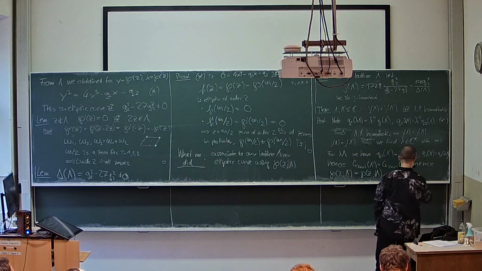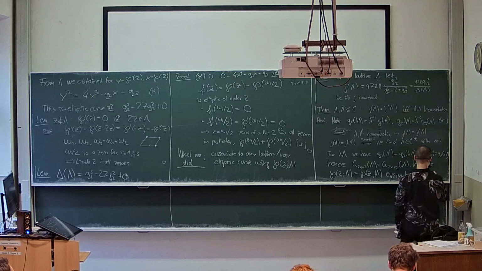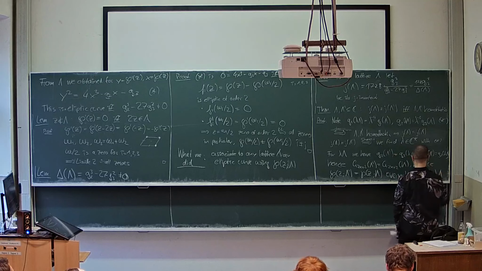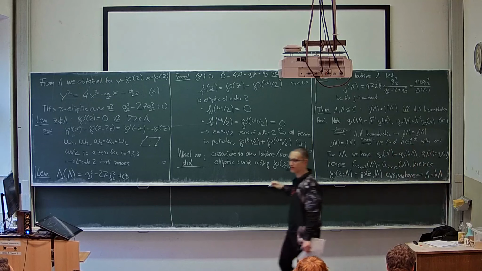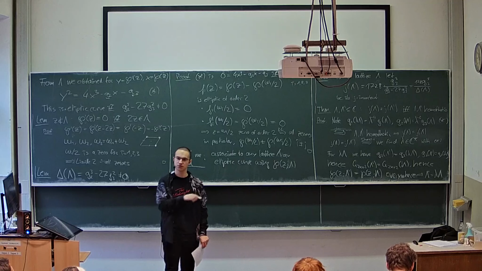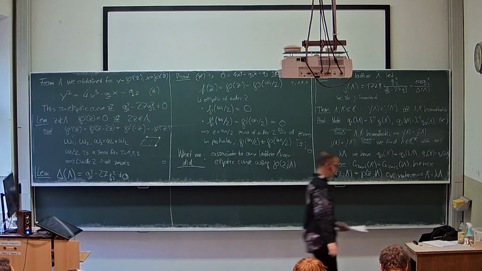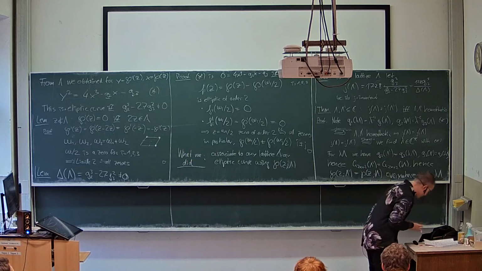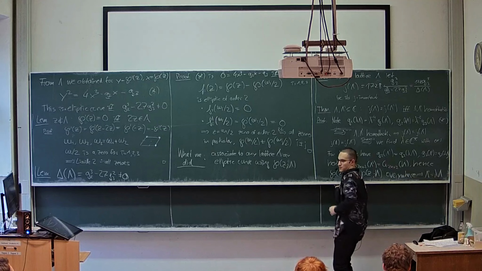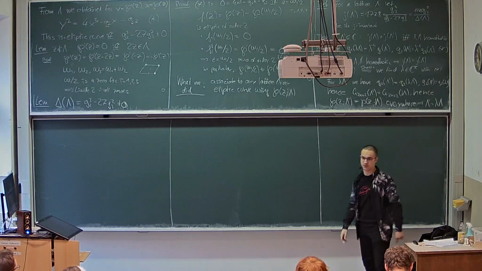But this is only possible if the lattices agree, because by construction the Weierstrass P function has a pole of order 2 in precisely every lattice point. So if these functions agree everywhere, their poles have to agree, and their poles are just the lattice points. I think this is a very neat proof of such an identity, by reducing it to an assertion about complex functions.